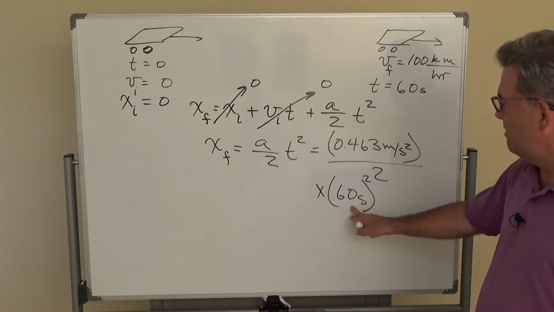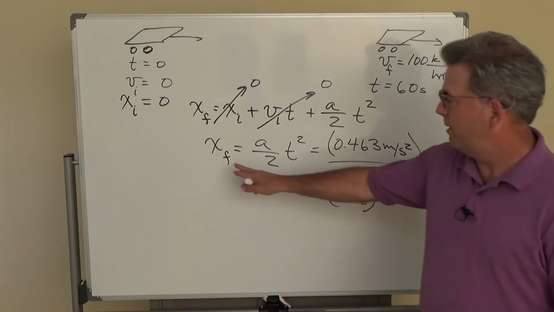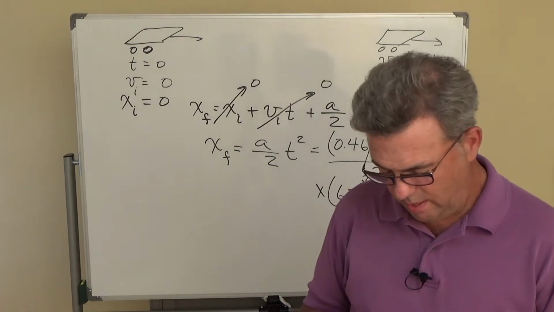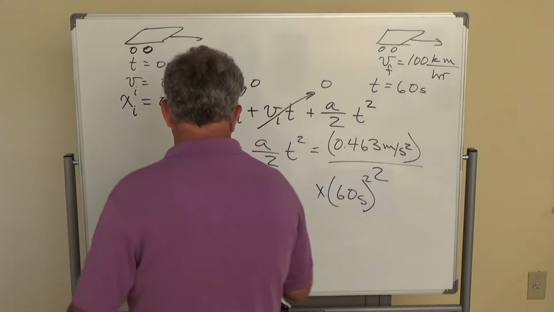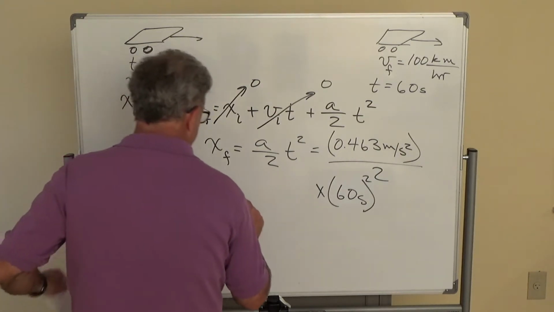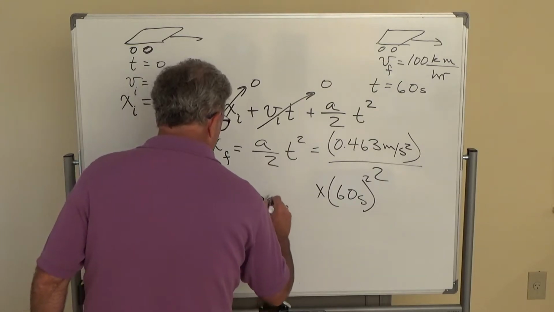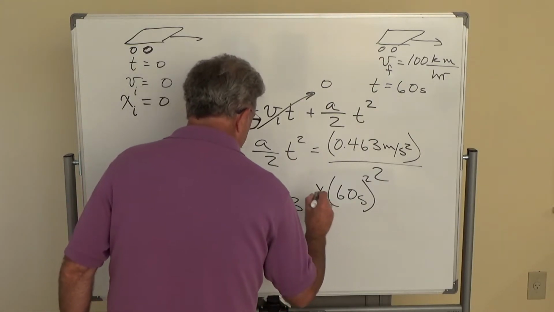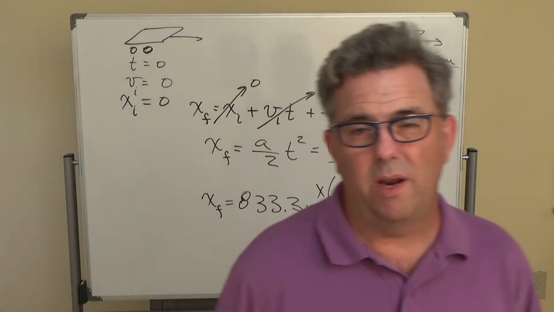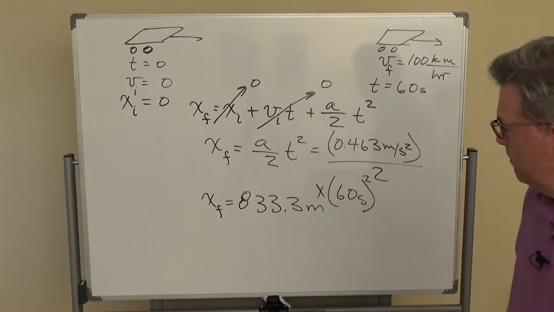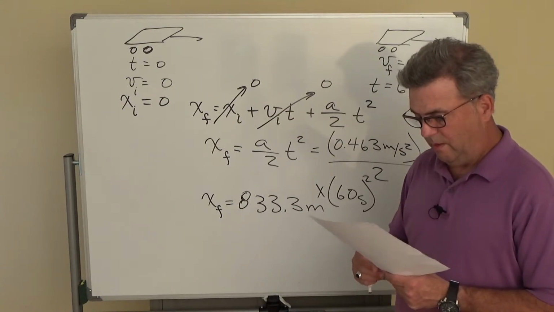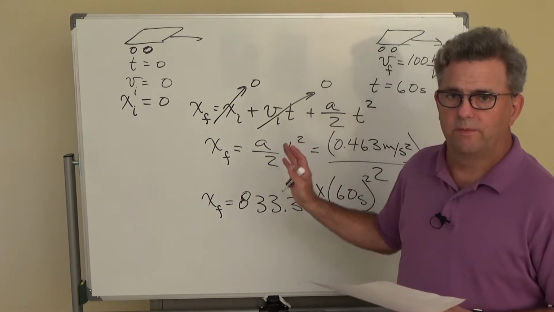We're multiplying by seconds squared, and we get something in meters. So it looks like the units work anyway. Okay. Do the calculation. Put it in your calculator. X final is equal to, this is what I got, 833.3 meters. So not quite a kilometer, 833 meters.